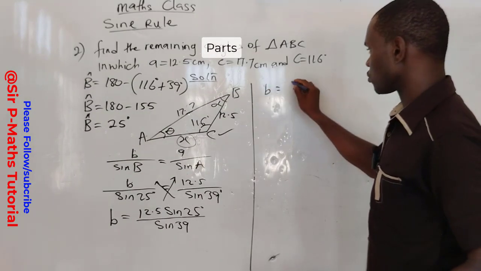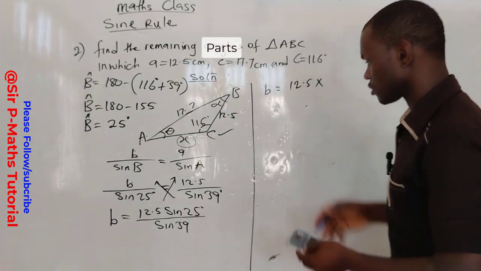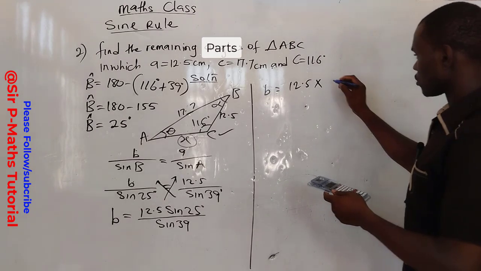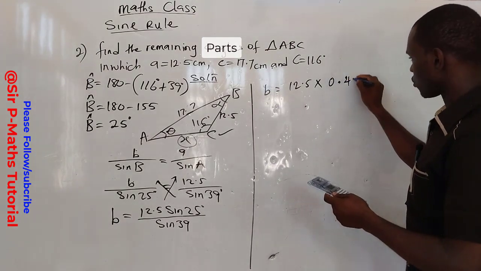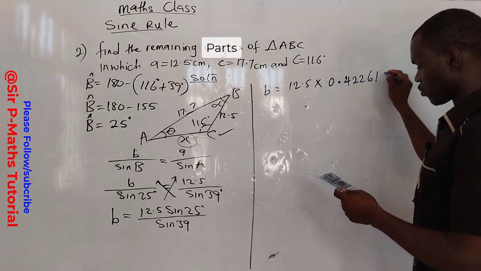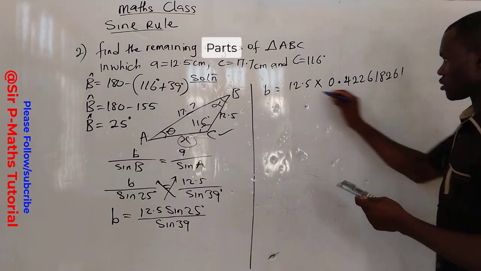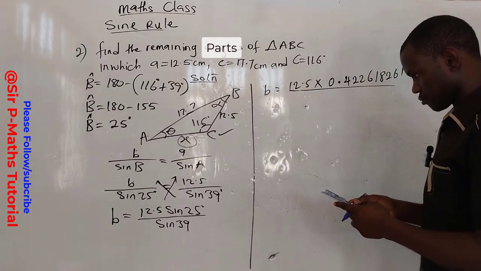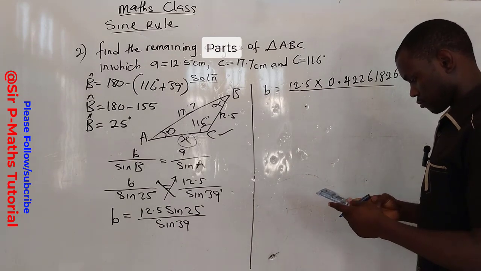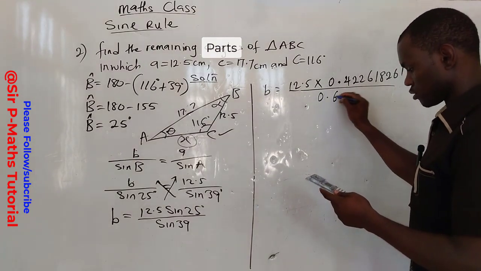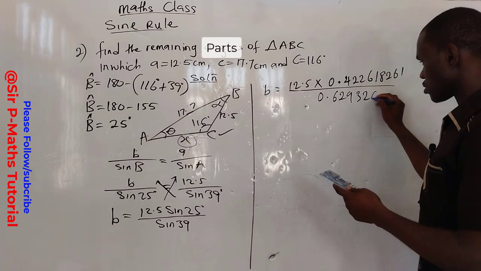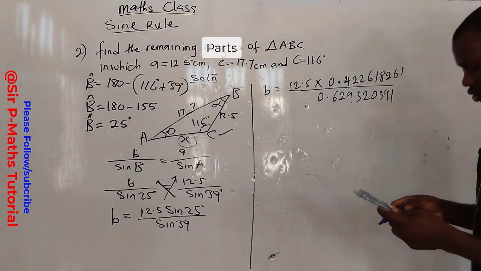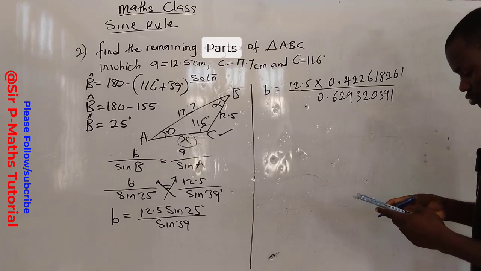Then we'll have B to be equal to 12.5 times sine 25, which will give me 0.42261861, all over sine 39. This is giving me 0.62932091.